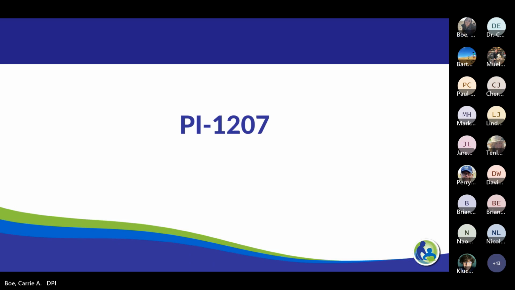Correct, because if you think of School Directory, it's the source of all data, and those grade ranges flow to PI 1207. So yes, but in order to include PK right now, you have to select either PK or K4, because K4 in our system is lower than PK for some. We're working on that.